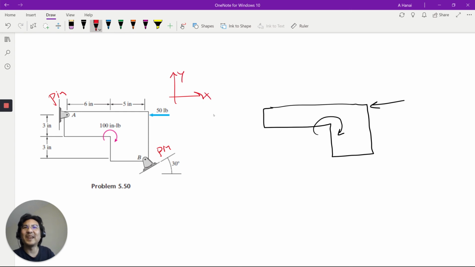So at point A, there's a reaction force, which I'll decompose. And then at point B, there's a reaction force at this pin. It doesn't really matter that it's mounted on this angle, right? I'm decomposing it in terms of this X and this Y. So I'm decomposing B into X and Y components. And then that's it.